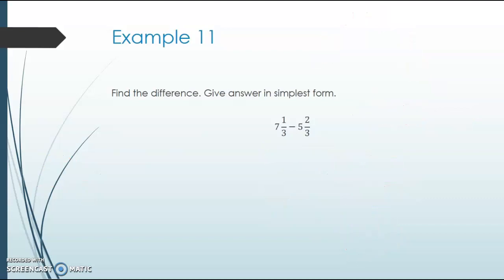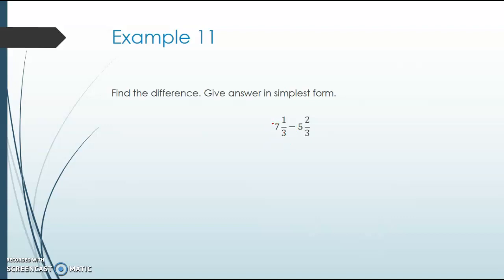All right, finding the difference is just going to work the same way. We're just subtracting. So see, this is a prime example why I would do the improper fractions as opposed to just subtracting, because here, if we just did subtraction, 1 minus 2 would mean we'd have to borrow from our whole number. So like I said, I think it's just easier to make it improper.